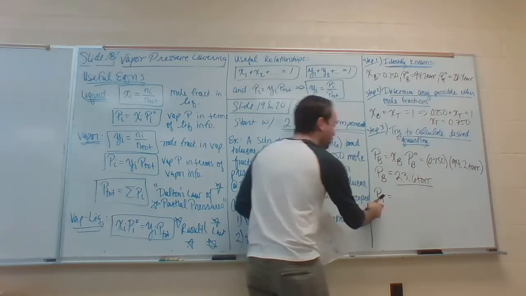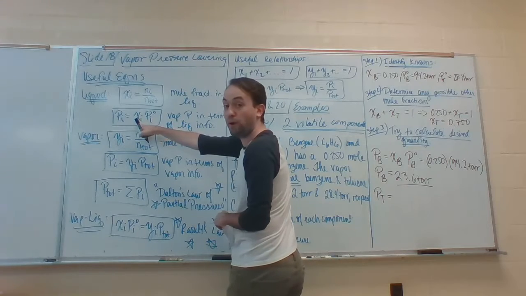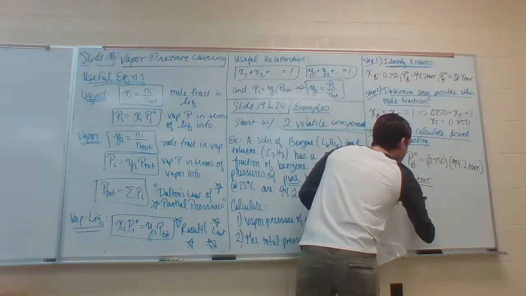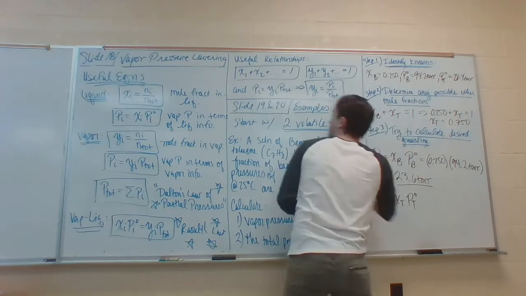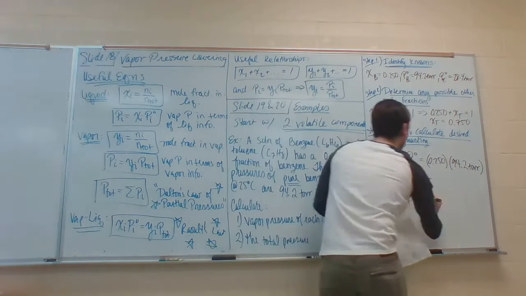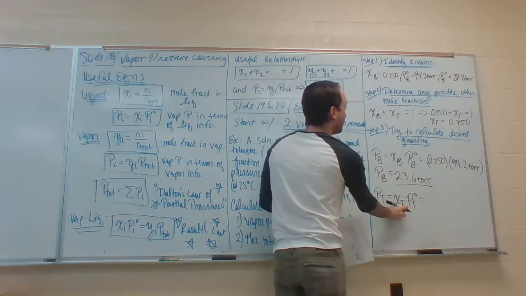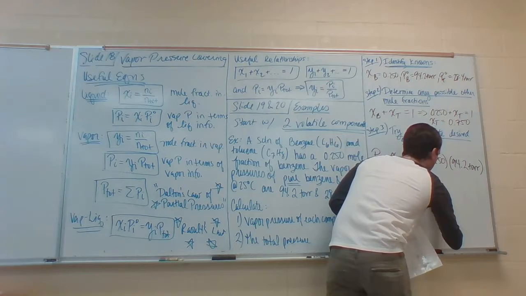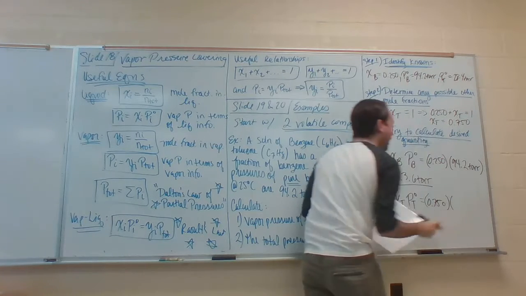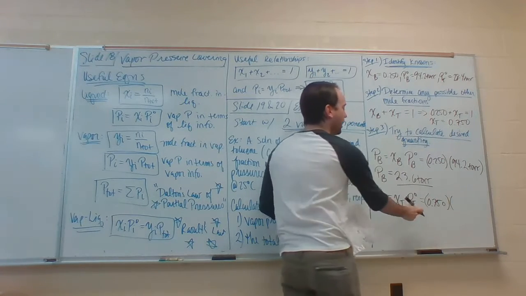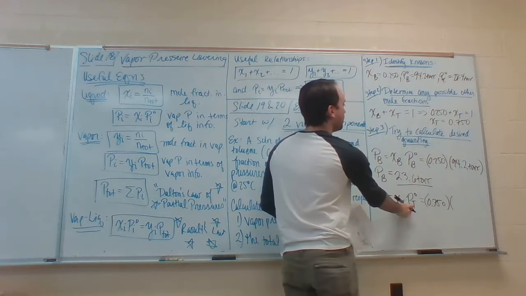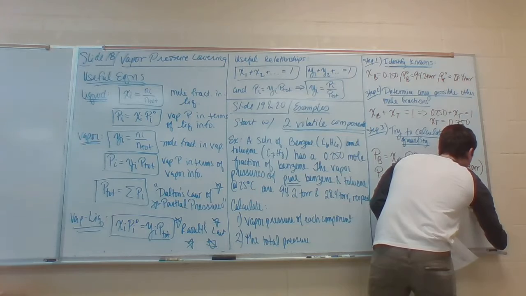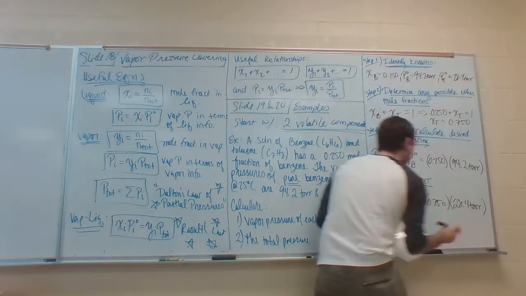I can also calculate my partial pressure for the toluene. To get my partial pressure of the toluene, I'm going to take my mole fraction of toluene times my pure component vapor pressure for toluene. In this case, I take my mole fraction of toluene, which we found to be 0.75, times my pure component vapor pressure of toluene, which was 28.4.